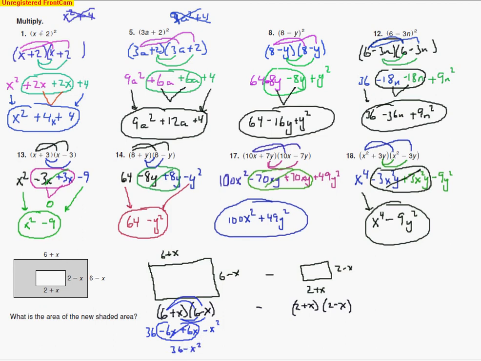Let's see what we're left with on this side. Here we've got the 2 times 2 makes the 4. And the 2 times negative x makes a negative 2x. X and 2 multiply to make 2x. And then over here, x and negative x make a negative x squared. So when we collect these two terms right here, same number, opposite sign, we're left with a 4 minus x squared.